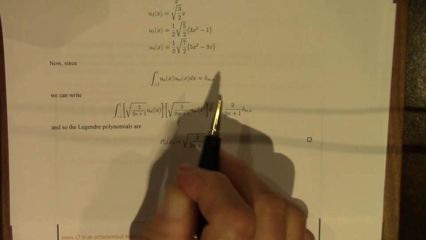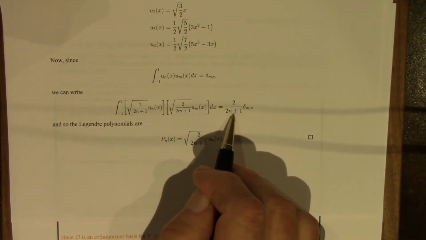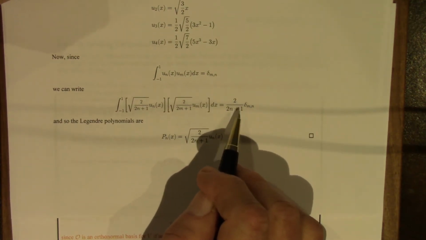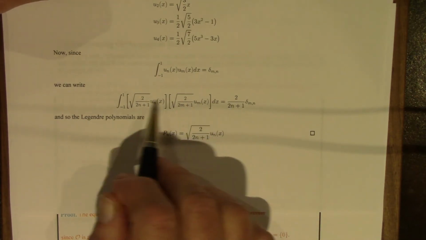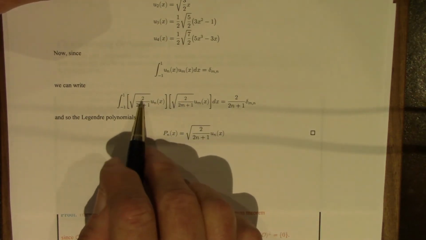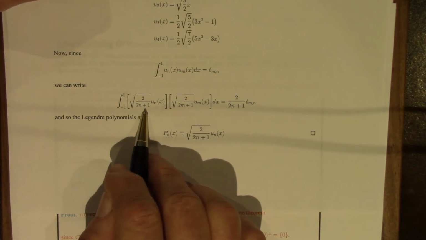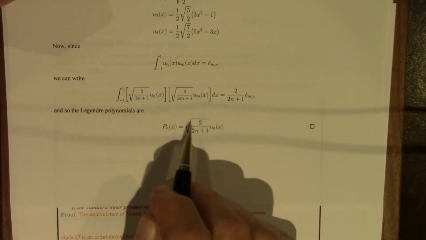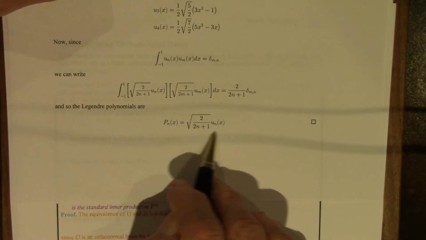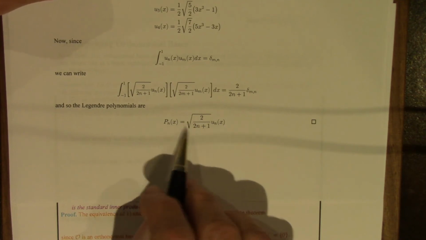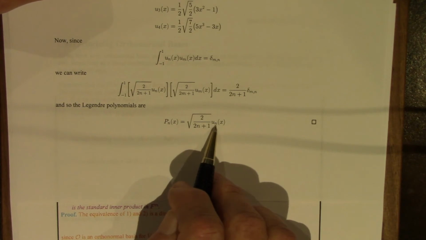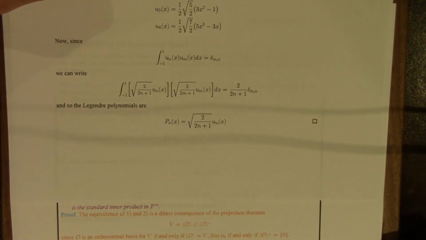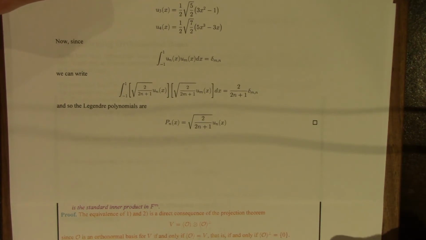Now we can make an adjustment to get this factor that we need for physical reasons or mathematical reasons, whatever it is. We just stick square root of 2 over 2n plus 1 in front of each of these. So these are the Legendre polynomials. So that's how the first 4 Legendre polynomials would actually be computed.